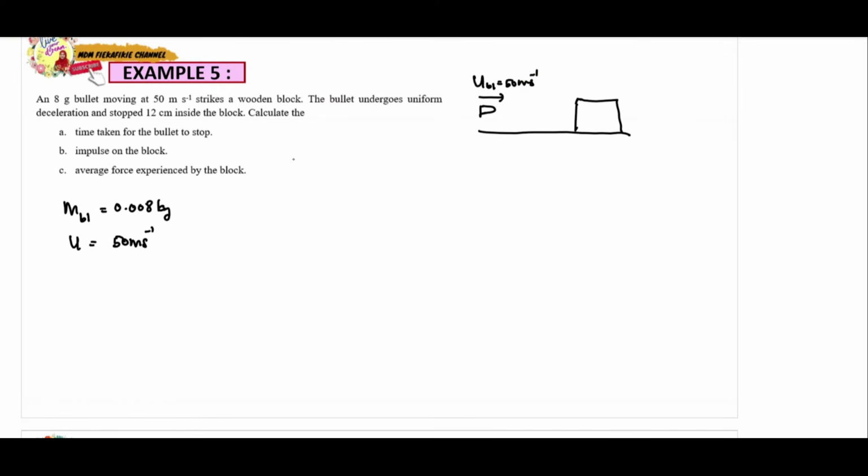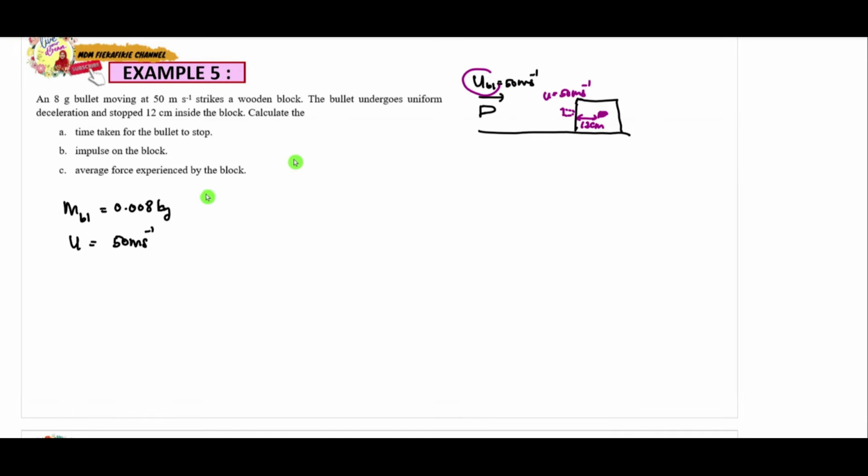So it means that before it enters the wooden block, its u is 50 meter per second. Then we consider it will stop here, which is 12 cm inside the block. So this is 12 cm.